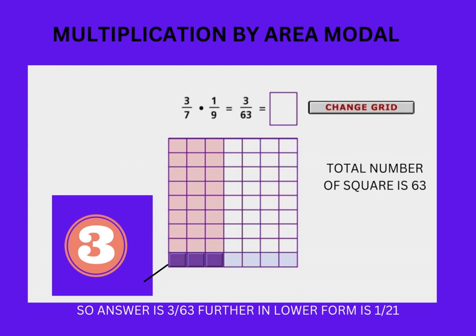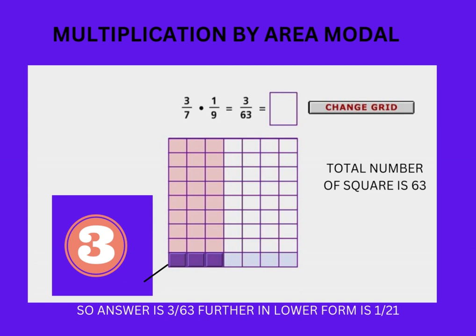Okay, there is also what you can call the waffle model, or multiplying with the area model. So when we show the multiplication of fractions in the grid or area model or waffle model, this is how we visualize the fraction in the area model or waffle model. Here 3 by 7.